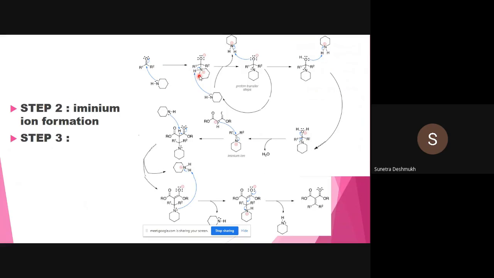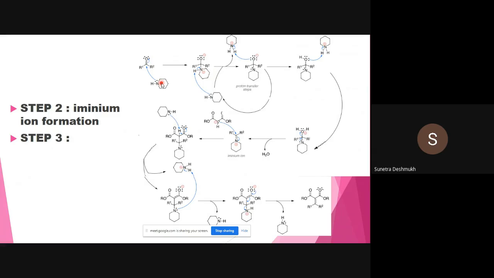And now you have added the aldehyde. The aldehyde is going to react with this piperidine to generate this type of moiety. Again, the next molecule of piperidine abstracts the proton attached to the piperidine. See, plenty of molecules of aldehyde are present in your flask, and plenty of molecules of piperidine are present in your flask.